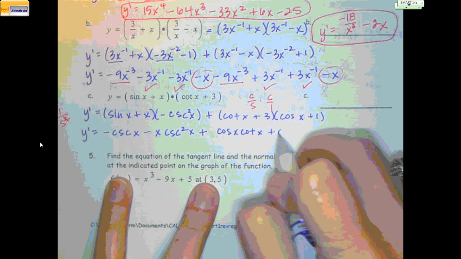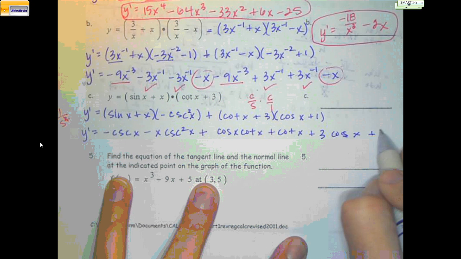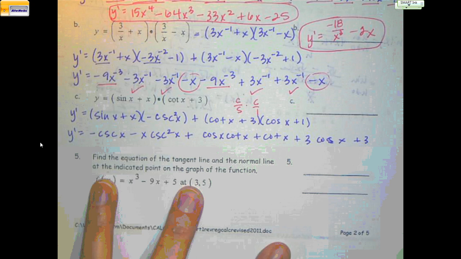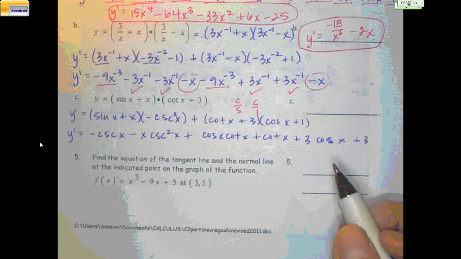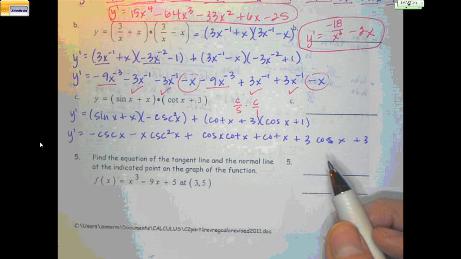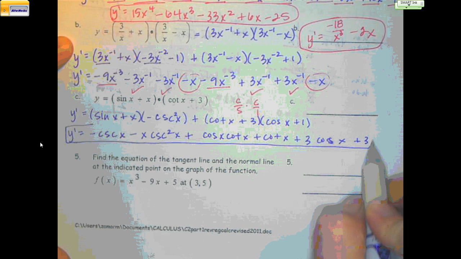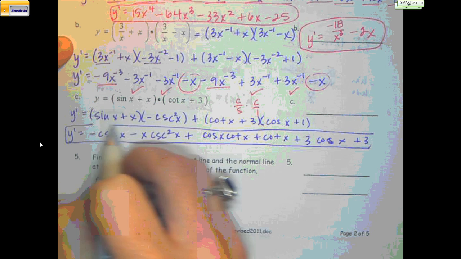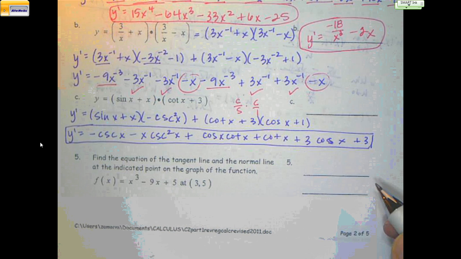The inner terms are plus 3 cosine x. And the last terms are plus 3. Does anything go together? Nothing goes together, so that's it. It's just kind of a big mess. But that's the answer.